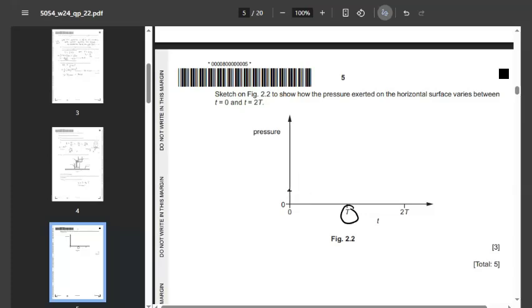So there will be a straight line like this. Okay. And from T to 2T there was no change in pressure. Why? Because the tap was closed at T and therefore the pressure was constant from there onwards. So we can draw it like this. So this is the graph.